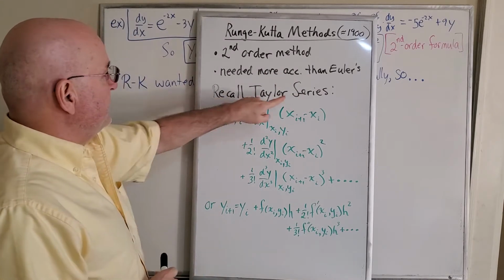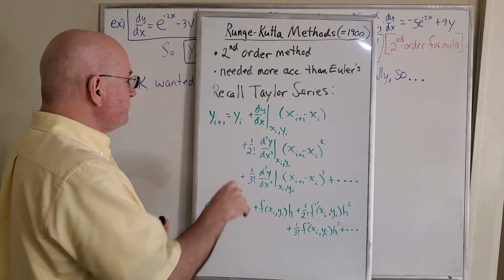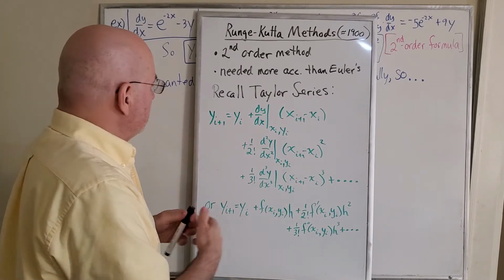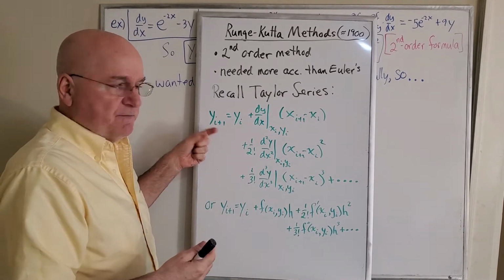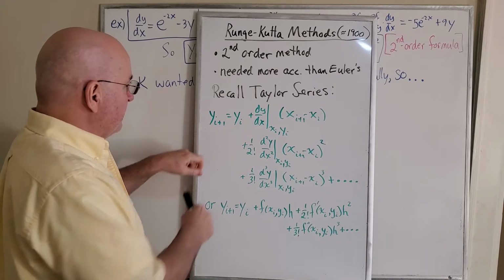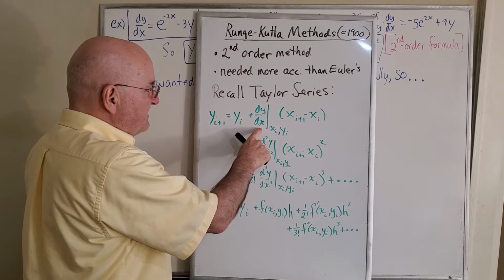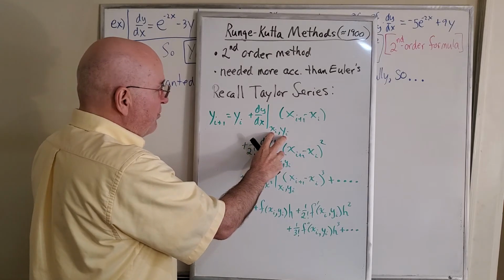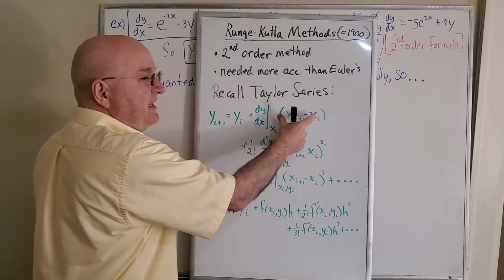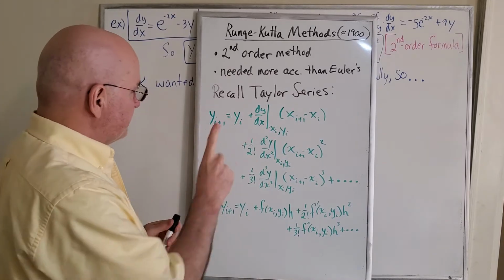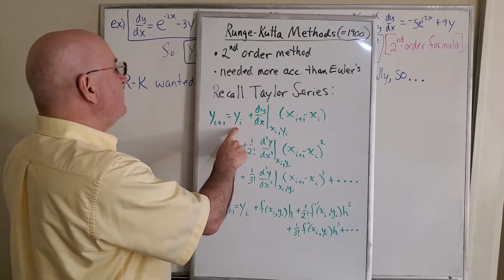So we recall the Taylor series, and we would get our next estimate of our y value from the previous y value plus the derivative of y with respect to x evaluated at xi, yi times the interval width. That's the first term.